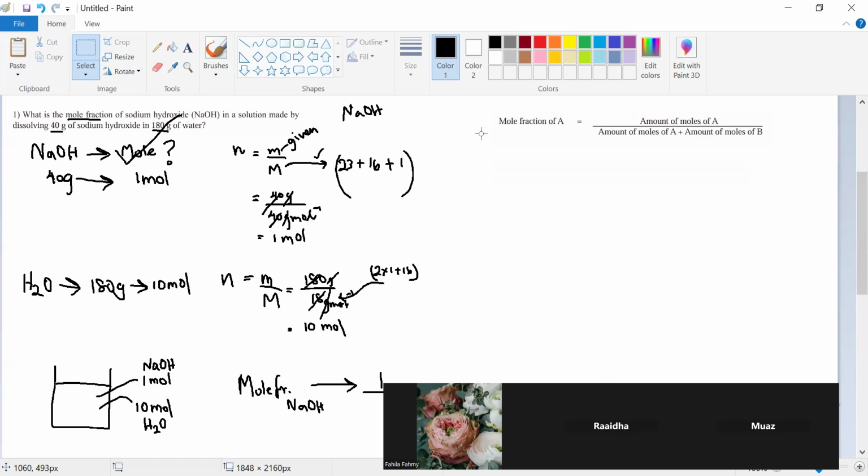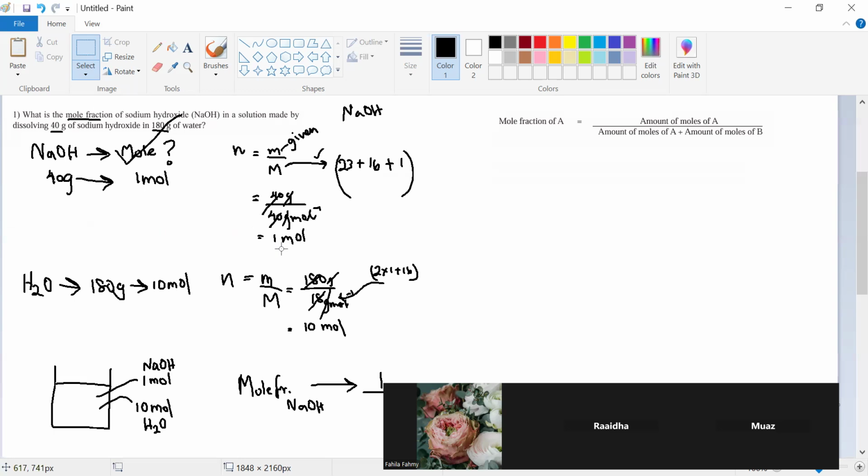Listen to me very carefully. They tell you to find the mole fractions, but they don't give you the mole numbers. They give you the mass. So if they give you the mass, from the mass you are supposed to find the number of moles.